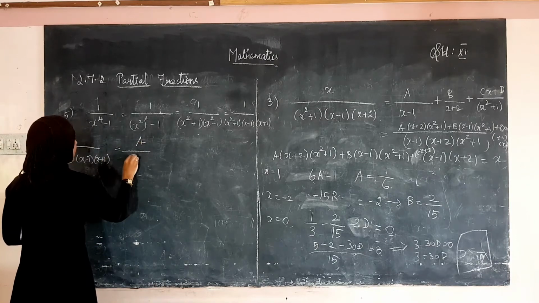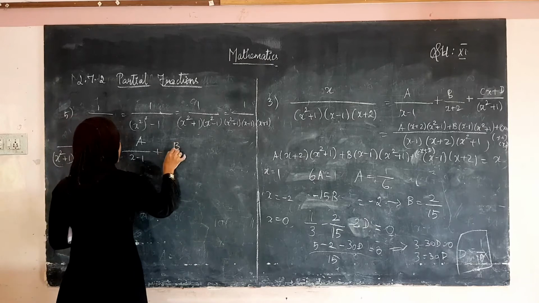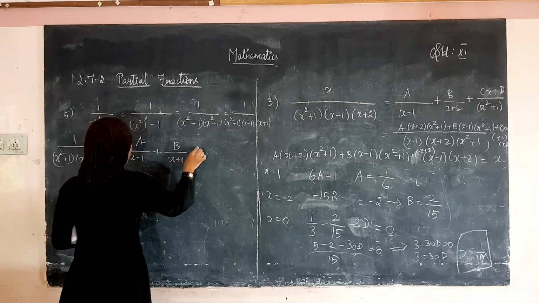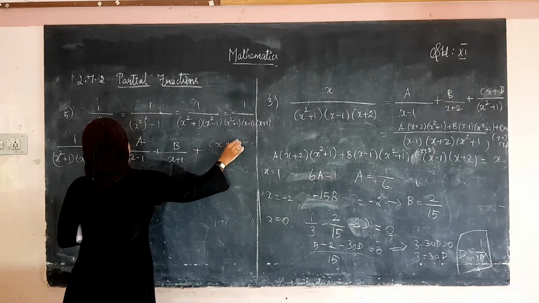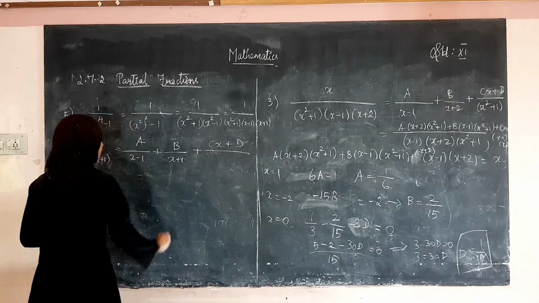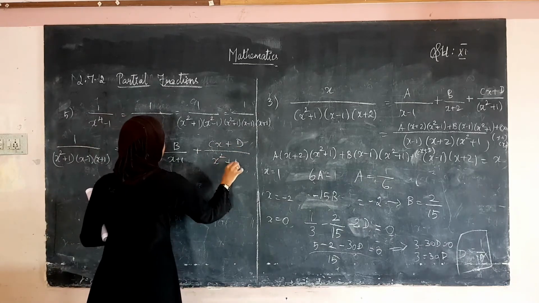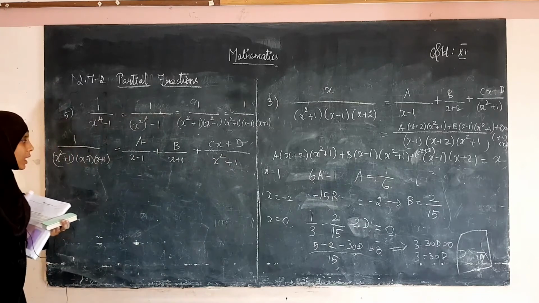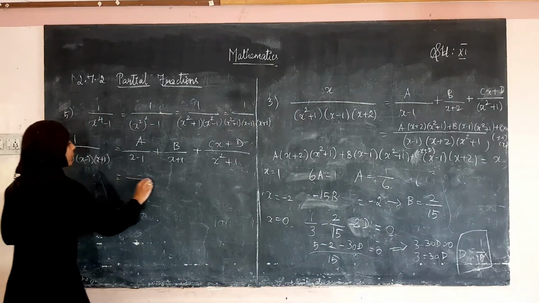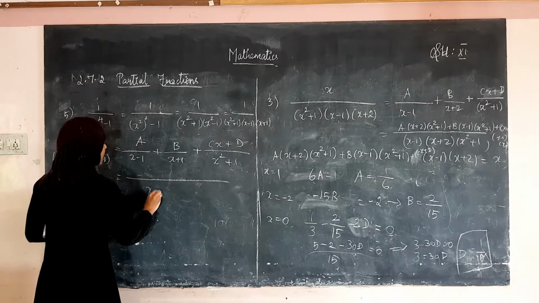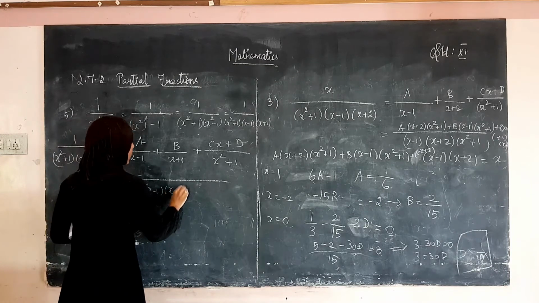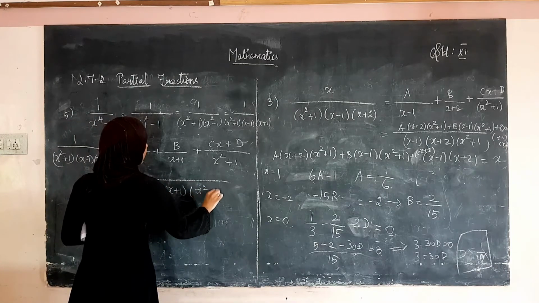So how can we factorize? A divided by (x minus 1) plus b divided by (x plus 1) plus (cx plus d) divided by (x squared plus 1). On taking the LCM, what we get? (x minus 1)(x plus 1)(x squared plus 1).